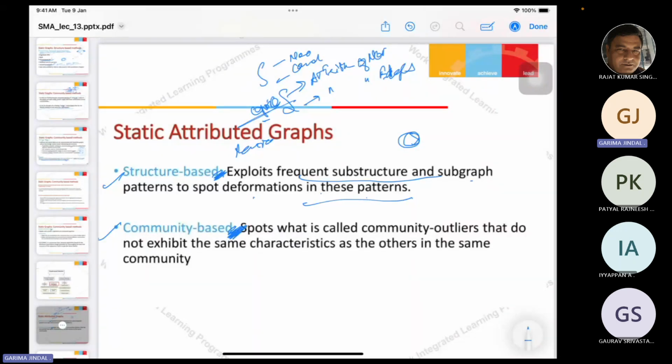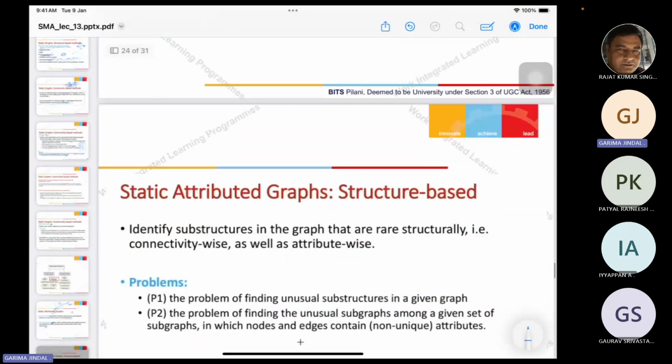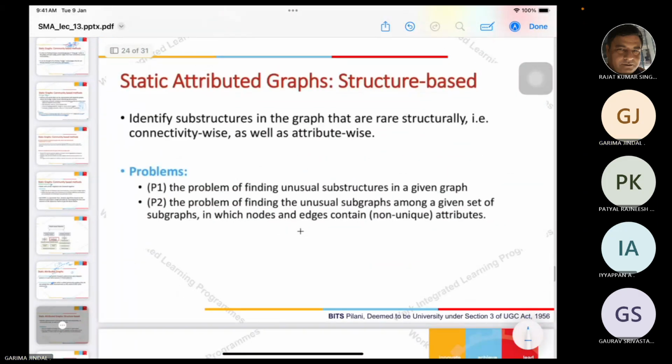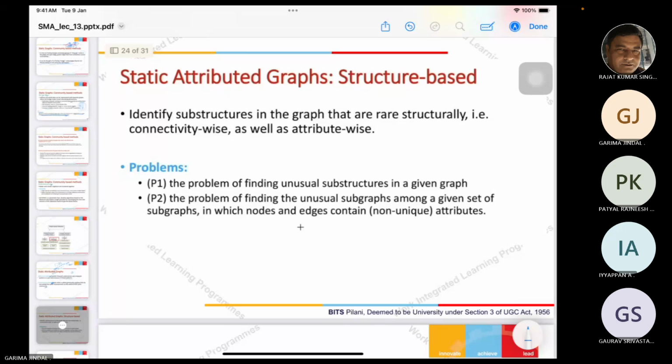Then we have community based methods. In the community based method, you spot the community outliers that do not exhibit the same characteristics as the other community members. You identify the community and then try to see which node has properties different from all the other nodes. Those nodes are identified as the anomalies. In these algorithms, there are two types of problems to be considered.